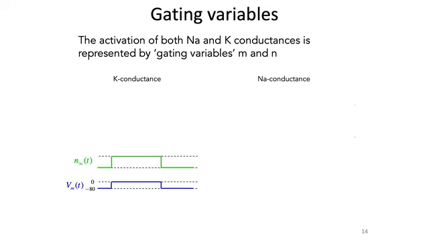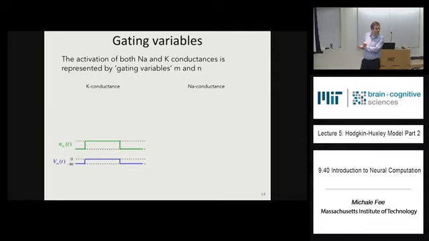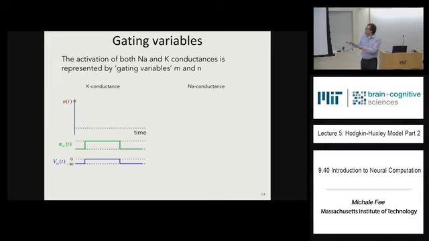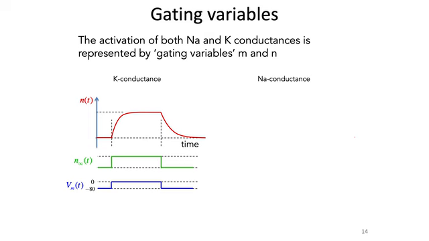It's going to start out at a small value and jump up to a larger value when you depolarize the cell. And then what is n going to do? Good. N is going to start at some initial condition and relax exponentially toward n infinity.